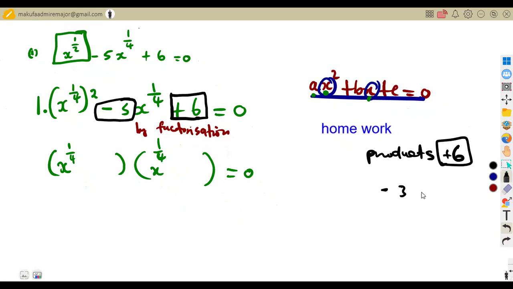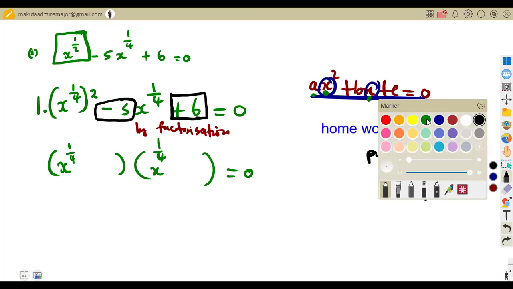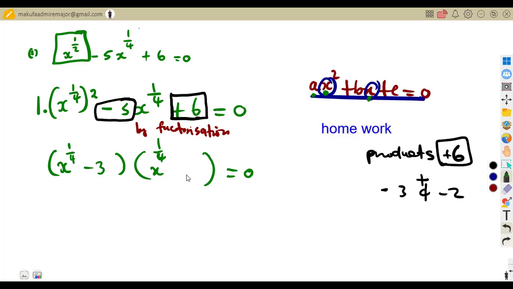So we've got -3 and -2. If we multiply these numbers, -3 times -2, that's a positive 6. If we add these two numbers, -3 plus -2, from your calculator you're going to get -5. So these are the numbers that we want: -3 and -2. From this, either one of these two brackets must be equal to 0. Either x to the exponent of 1/4 minus 3 must be equal to 0, or x to the exponent of 1/4 minus 2 must be equal to 0.